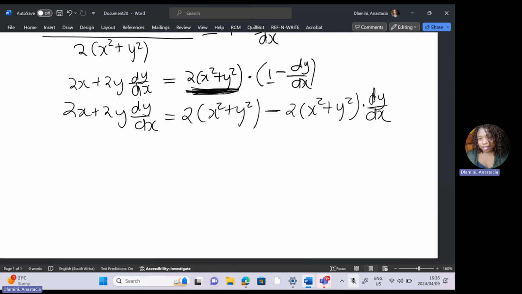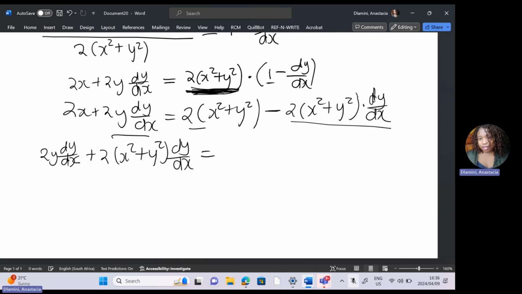So let's do that. So it means this term remains. So we have 2y dy over dx. And then we take this term to the other side. So it's plus 2(x squared plus y squared) dy over dx equals to, this term remains on the right-hand side, 2(x squared plus y squared) minus this 2x, minus 2x. Now let's factor out dy over dx.